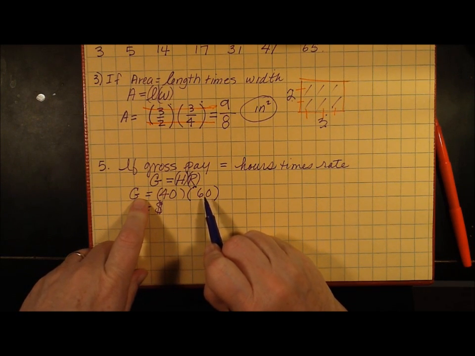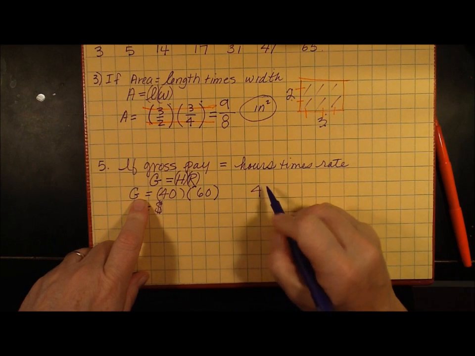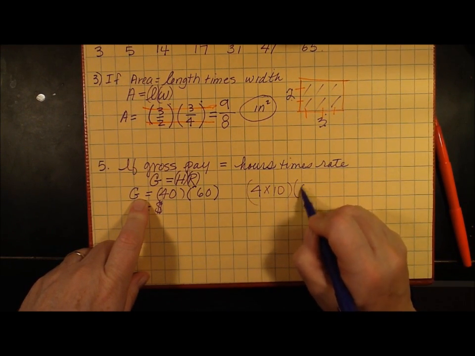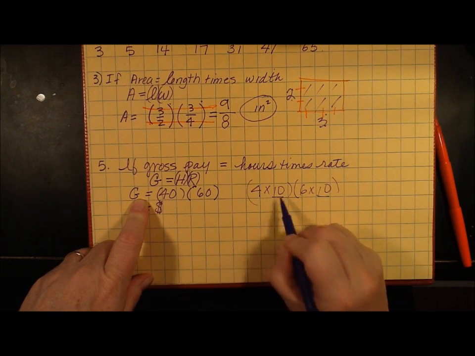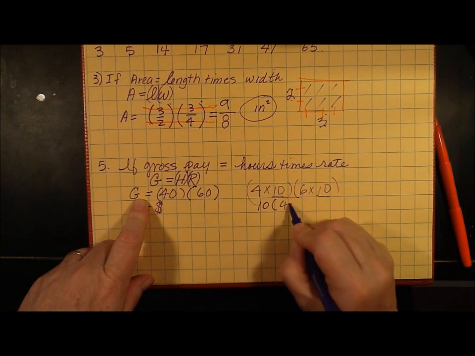If you're not confident with your multiplying, keep in mind that this is the same as 4 times 10 times 6 times 10. Look at that, there's a common factor, so that's the same as 10 times 4 times 6.